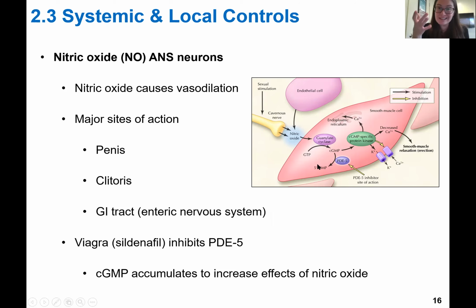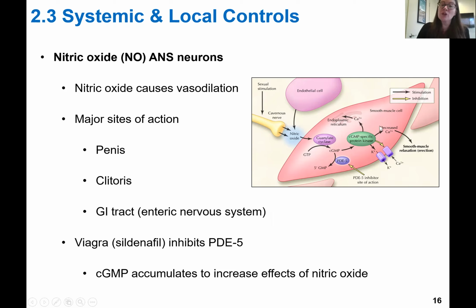So it uncyclizes the molecule, and then there's no more cyclic GMP, no more activation of cyclic GMP protein kinase, and all of this stops.